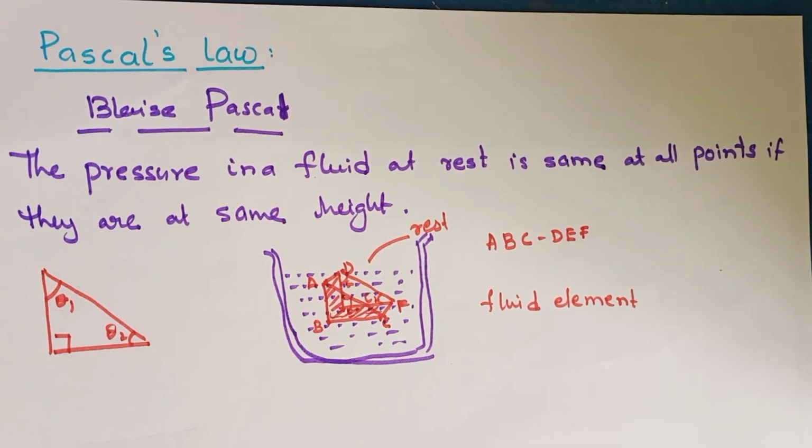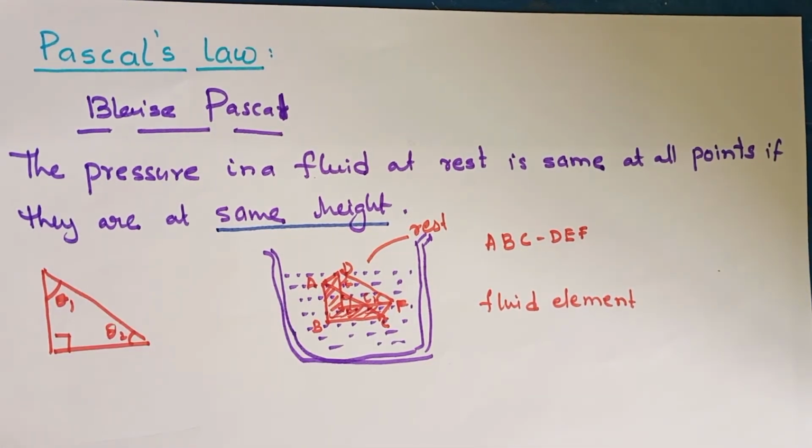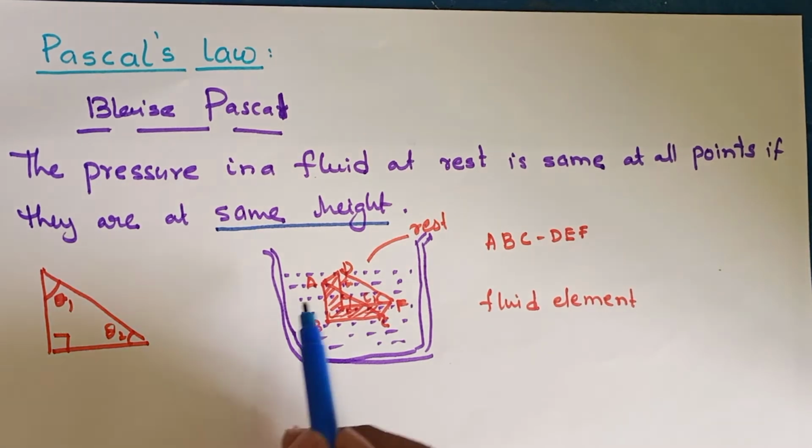It has been enlarged for the sake of clarity over here, but it is a small element. On the horizontal range, everywhere the effect of gravity remains the same, and the element is also at the same height, right? Now the prismatic element is very small, so the parts can be considered at the same depth.